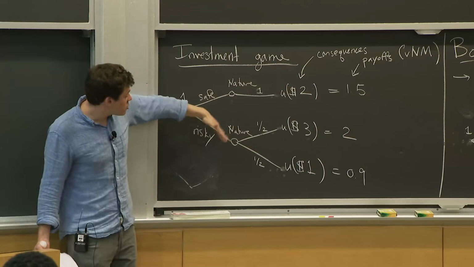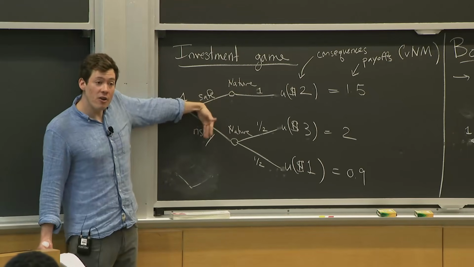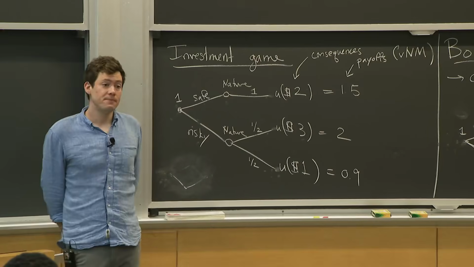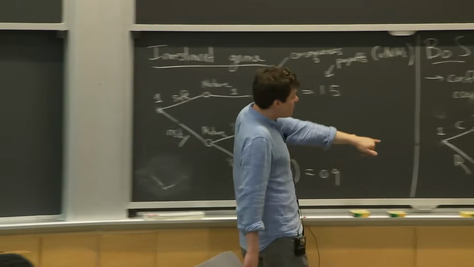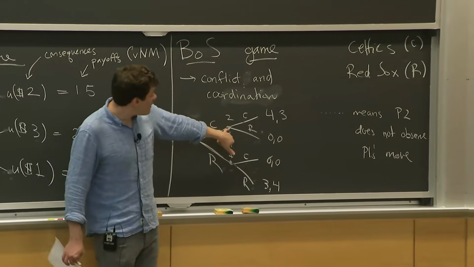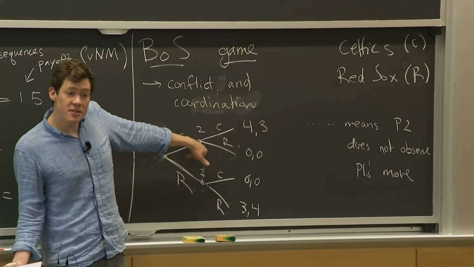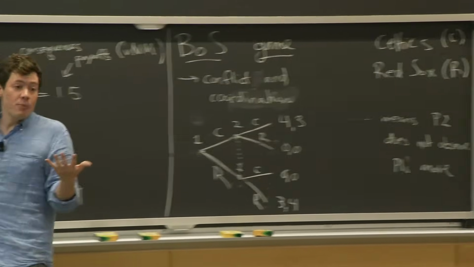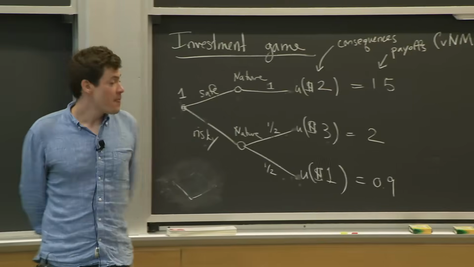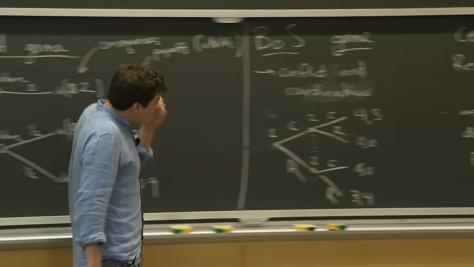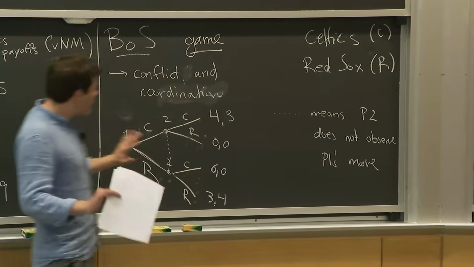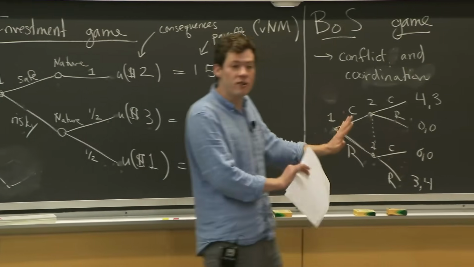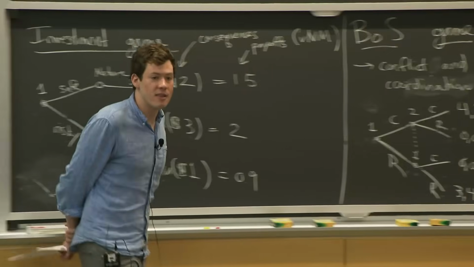We represent those 2 actions with edges coming out of the node, and we label each edge with the corresponding action. Similarly over here, when it's player 2's turn to move at this node, player 2 has 2 choices, C and R. We represent those with edges, and we label them according to the actions that they are. And if you have a math background, you may think, oh, these labels are kind of arbitrary. It turns out the labels are quite fundamental, and something we'll do later. So the labels are not arbitrary. I'll make that point now.